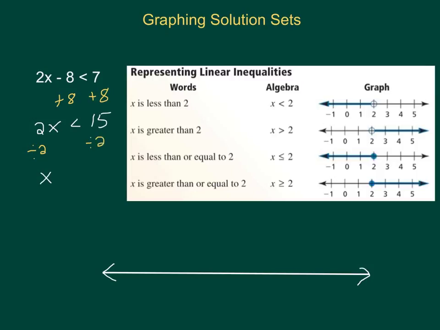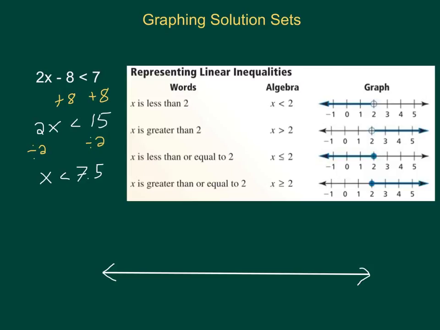And it leaves me with x is less than 15 over 2, or, if I wanted to write it a certain way, 7.5. That explains why 7.5 was not a solution on the previous page, because x has to be less than 7.5 to be a solution. 5 is less than 7.5, that's why it worked. 10 is not less than 7.5, so it didn't work.